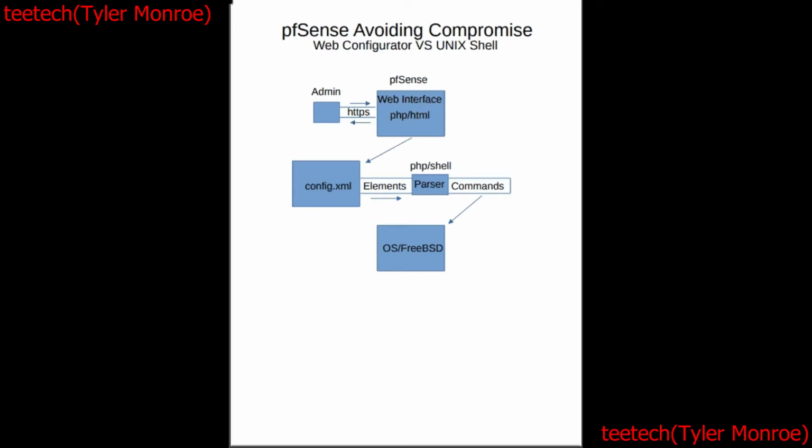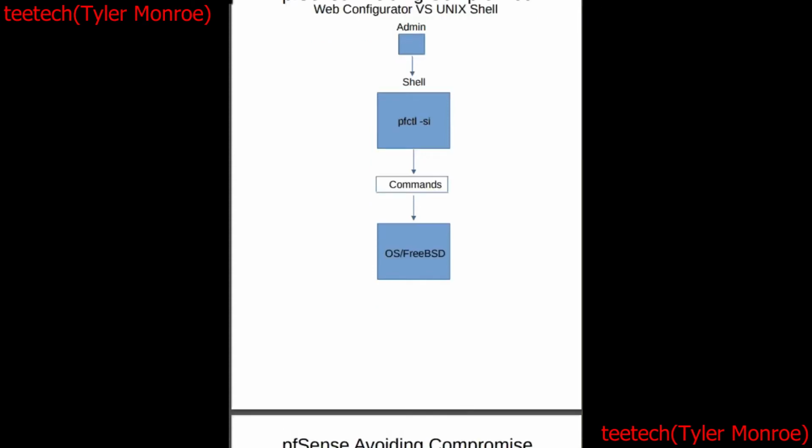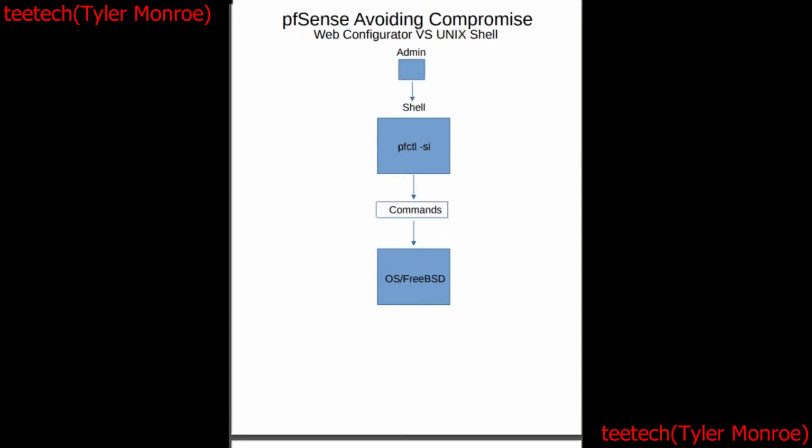So in contrast to that is the Unix Shell. So here, instead of using a web interface, what we have is the administrator. He is typing the commands he wants to run directly into a shell, such as this command, pfctl -si, which just shows you information about pf.